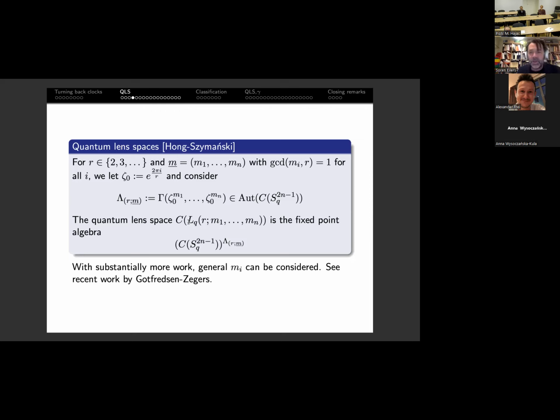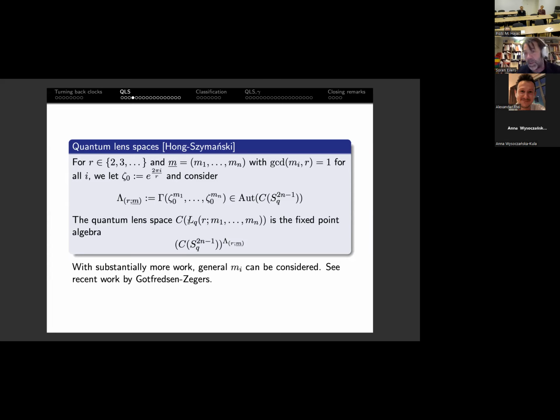And then you just use these numbers to define a specific automorphism on the odd-dimensional sphere. And then the fixed point algebra is what is called the quantum lens space. If you trace through the commutative, non-quantum version of this, you'll get what usually is called the lens space. So this definition is how I'm going to define the quantum lens spaces.